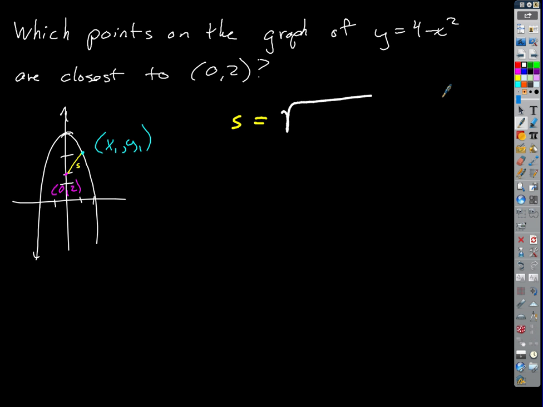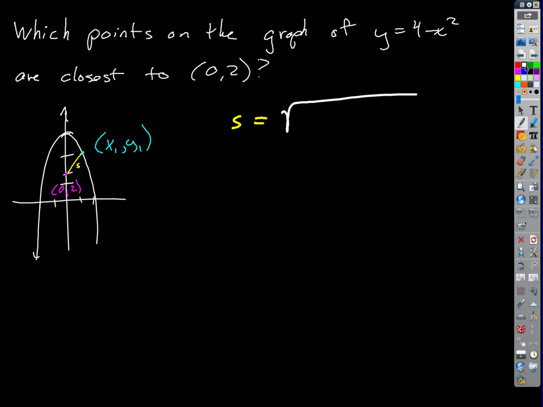If we look at this picture, the values of x and y are always compared to the distance away from the point (0, 2). Let's take this point right here and this point right here, and make that a little bit bigger.